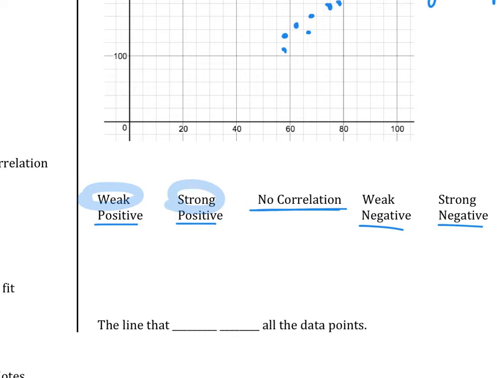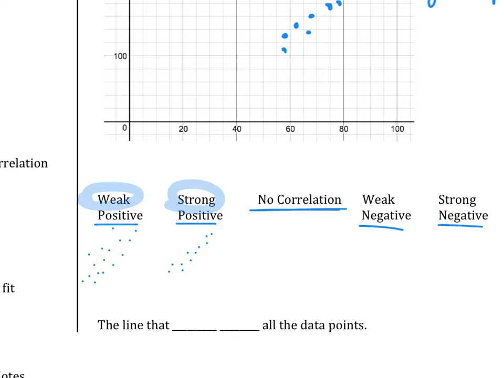So what is a weak positive and what is a strong positive? Weak positive means that the data looks like it's trending in the positive direction, except it's kind of weak. Weak means that most of the data are not together in a line. Strong positive means that most of the data together looks like they are more or less in a line.